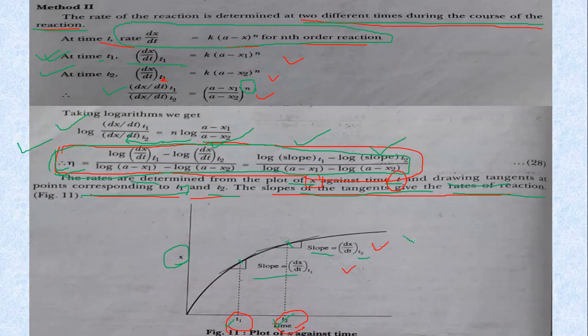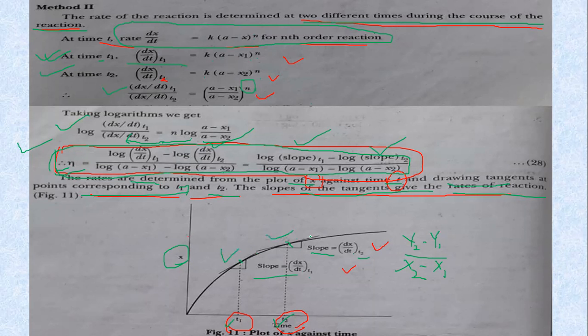But how are you getting the slope? For that you have to do y2 minus y1 upon x2 minus x1, and that way you will get the slope of that graph. So you are finding out slope at two different places. For t2 here it is, for t1 here it is, and those values you are using here.